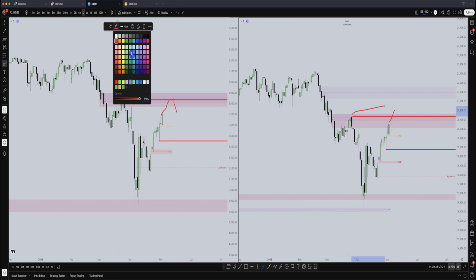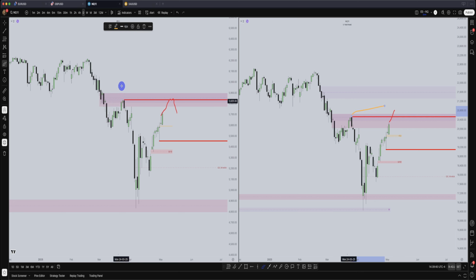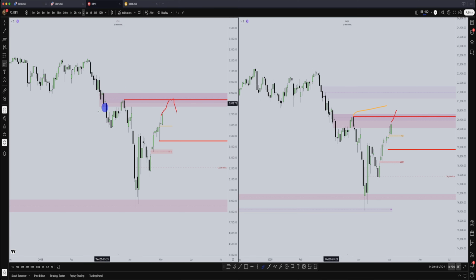I will take, so something like this, you see? Here you have a higher high. You have this maximum and this maximum.